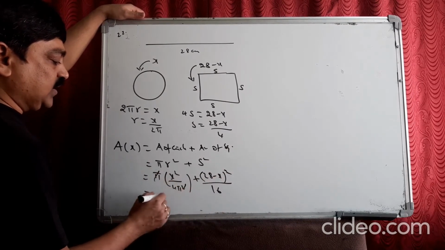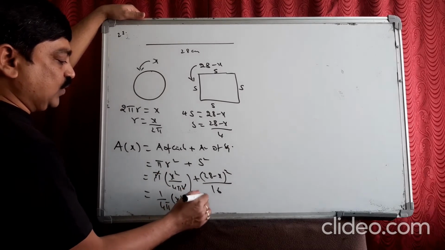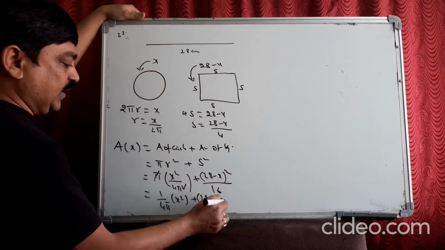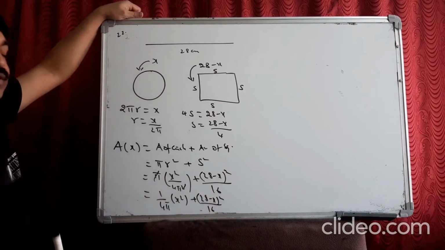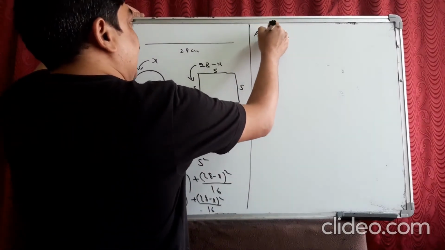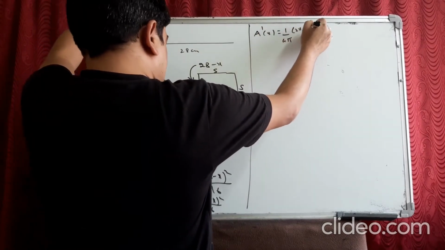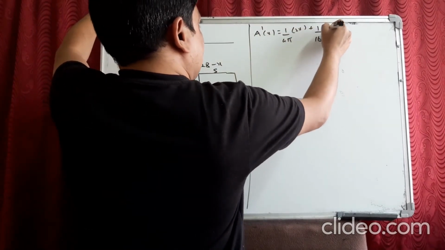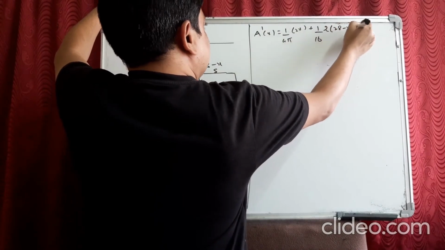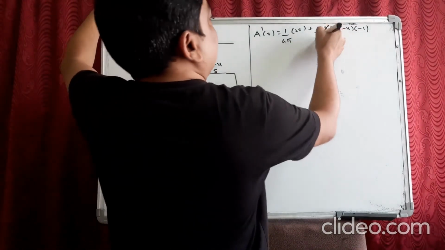Pi gets cancelled: 1 by 4 pi of x square plus (28 minus x) whole square by 16. This is A of x. We take the derivative, same process: A dash of x is 1 by 4 pi of 2x plus 1 by 16 of 2 into (28 minus x) into minus 1.